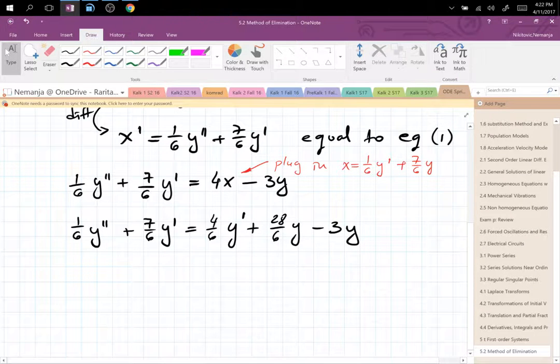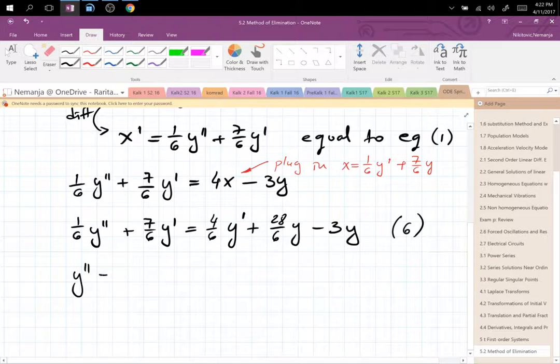Look what you have. Second order constant coefficients. Who's happy now? Everyone is happy, right? So we can convert this system into a second order equation. Immediately multiply through by 6 and put everything on the same side, and then we'll combine like terms.